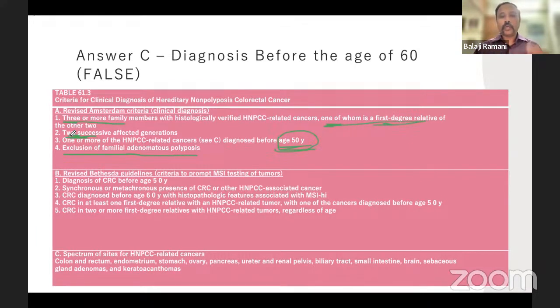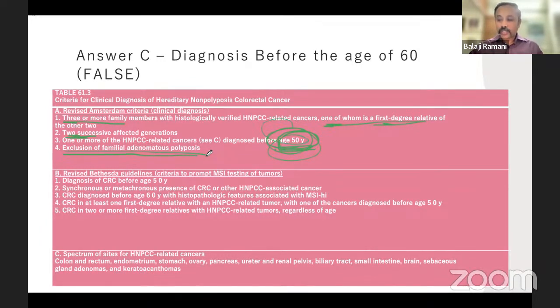This is the 1, 2, 3 rule that I remember as far as the Amsterdam criteria are concerned. Other than this, the diagnosis should be made in at least one person before the age of 50. In the same way, FAP should always be ruled out. Otherwise, we cannot make the diagnosis.